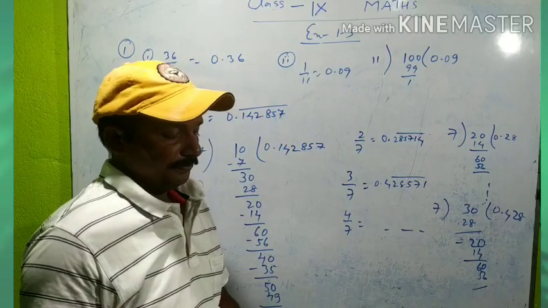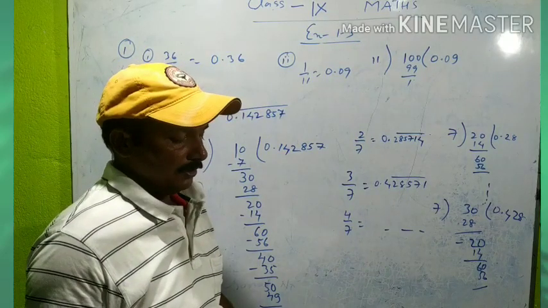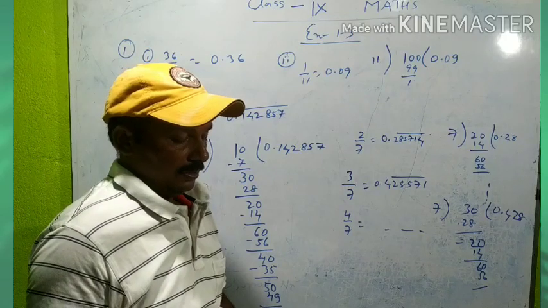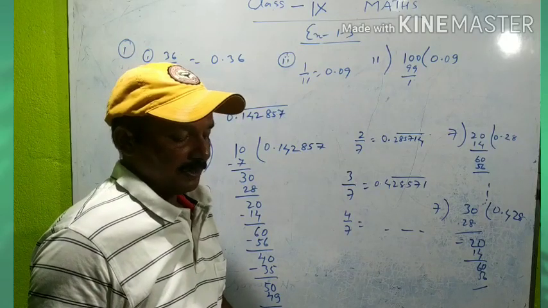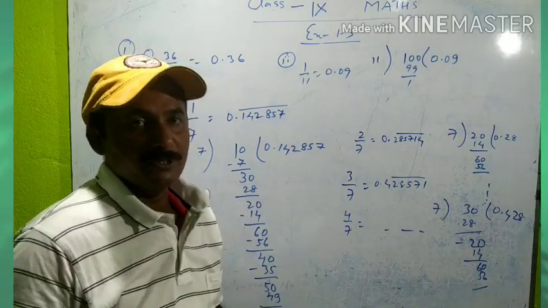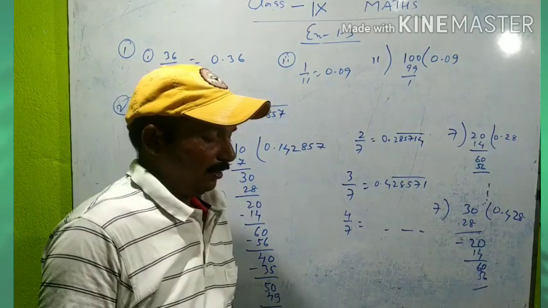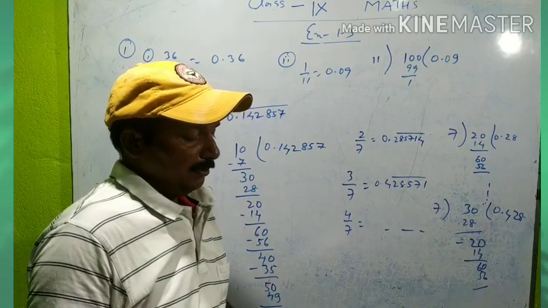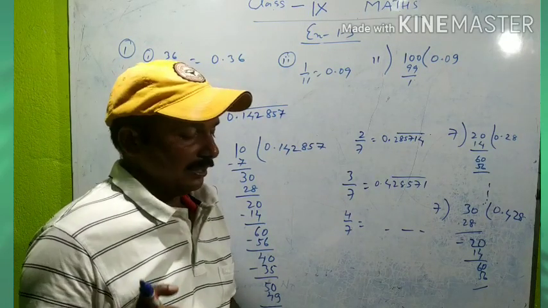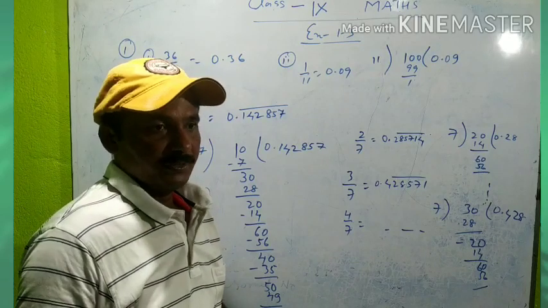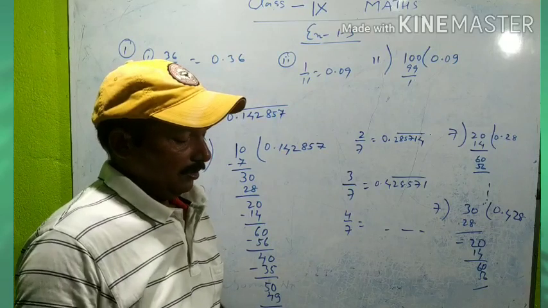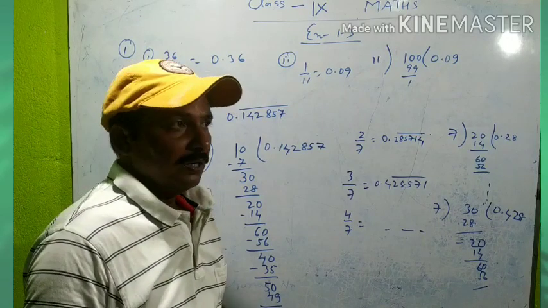Question number 1. We write the following in decimal form. Say what kind of decimal expansion each has. Remember, in the previous class I told about the types of decimal expansion. There are 3 types. First, terminating decimal.